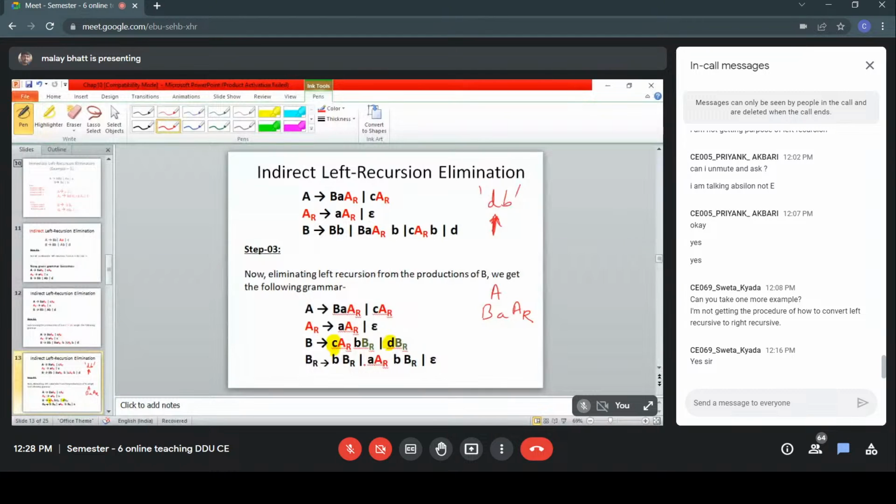Now for capital B, again I will check what my requirement is. Is my requirement C or D? My requirement is D in the input. So definitely I will replace it with D, BR, A and AR. Once I encounter D in the input, I will go for the next element.